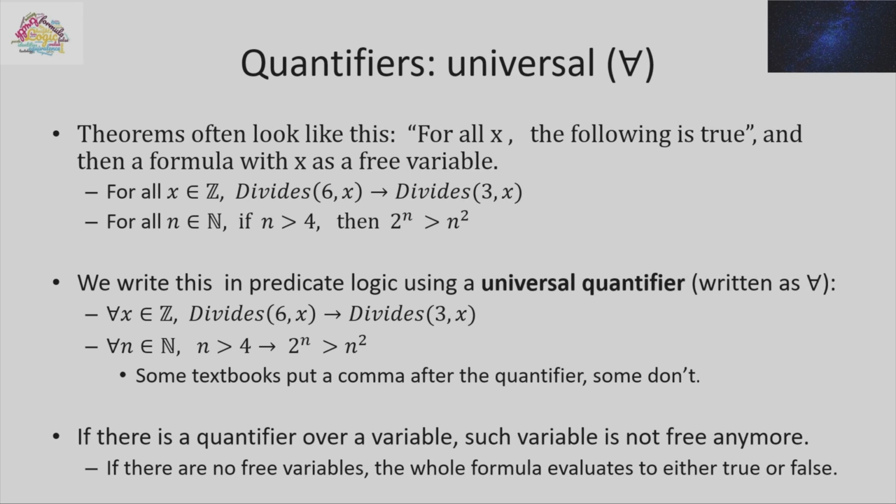So now we got a formula with no free variables, and with a little bit of work, we could prove that it's true or prove that it's false. We could talk about the whole thing. There is no variability anymore, and we have no control over x anymore, because we want our formula to be true no matter what value of x we put in, as long as it comes from the domain of x.